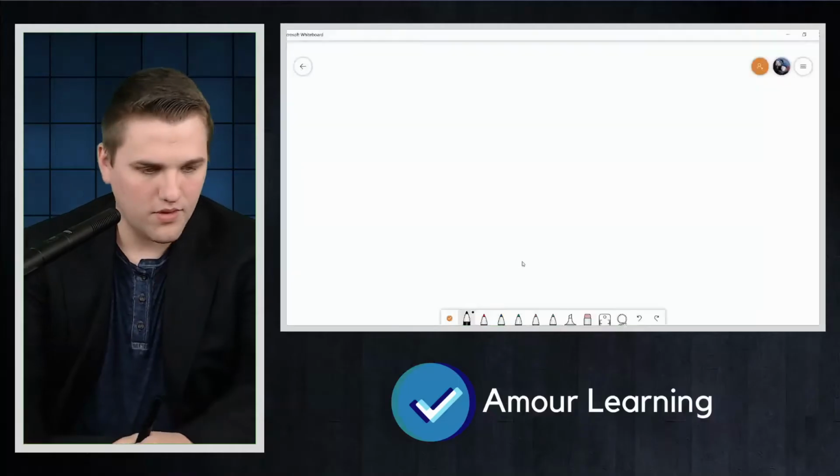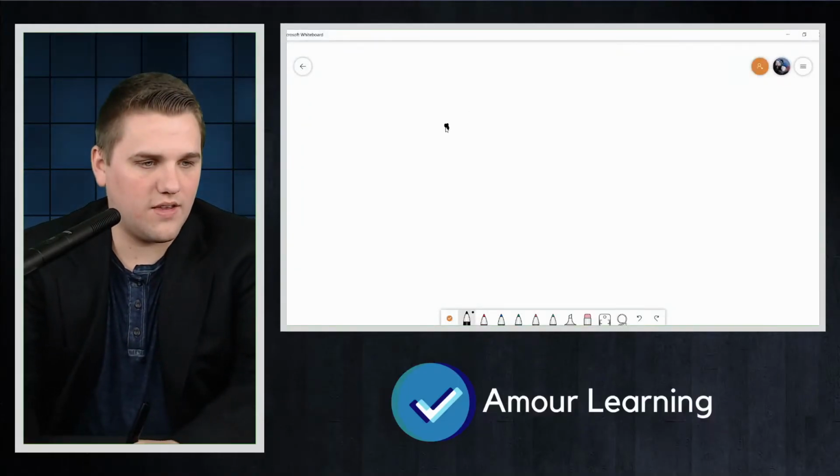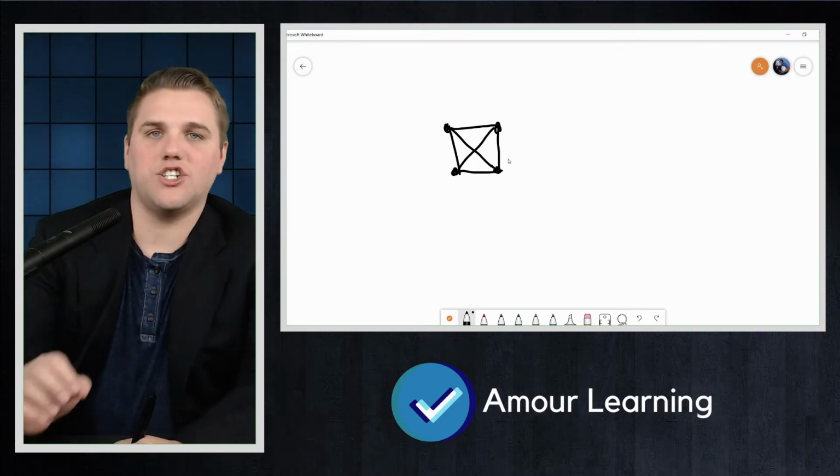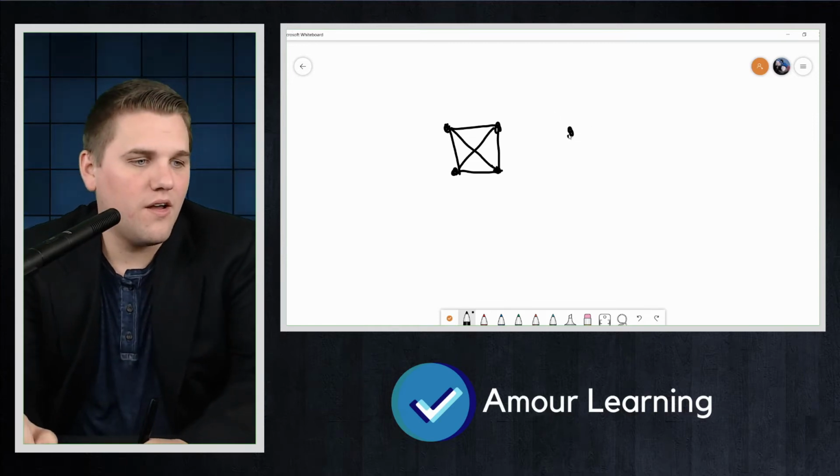You can only count faces when the graph is drawn in a planar way. For example, consider these two representations of the same graph. If I draw this graph here, which is a representation that is not planar.